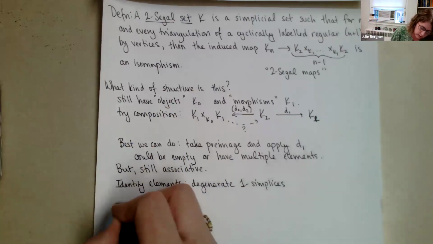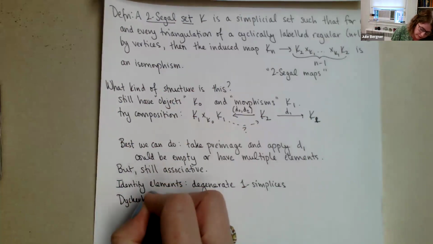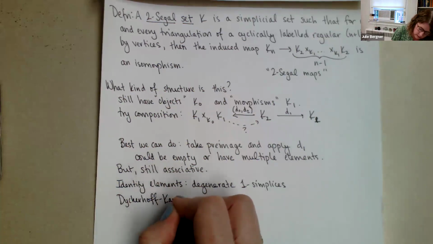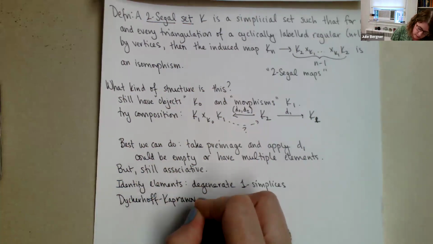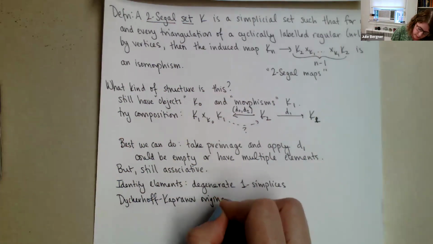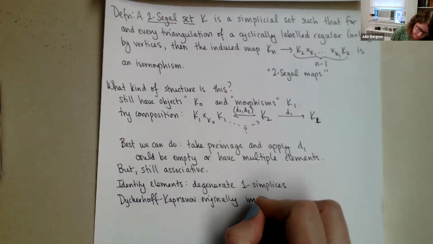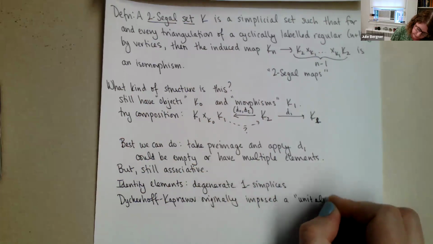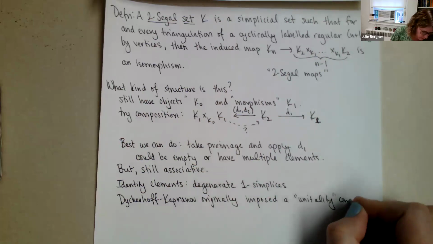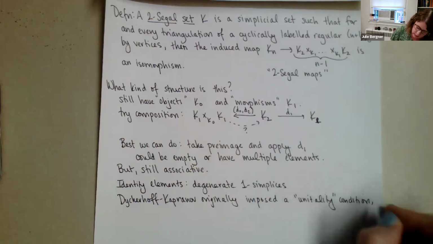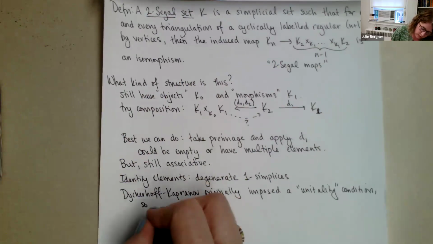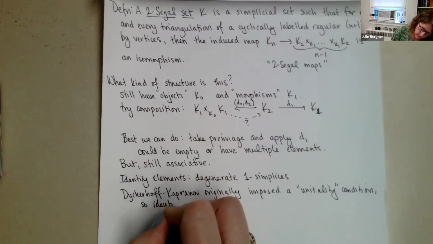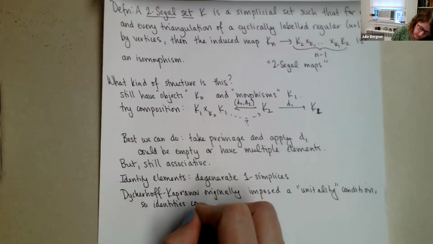And so historically, Dyckerhoff and Kapranov, in their definition, originally imposed a unitality condition, so identities compose as expected.